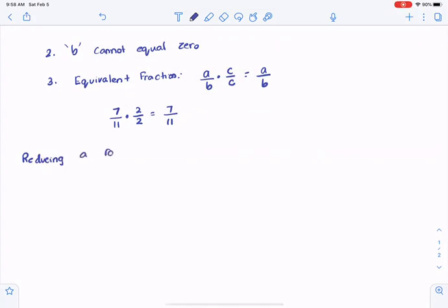Reducing a rational number. When I have A over B, A is the numerator and B is the denominator.